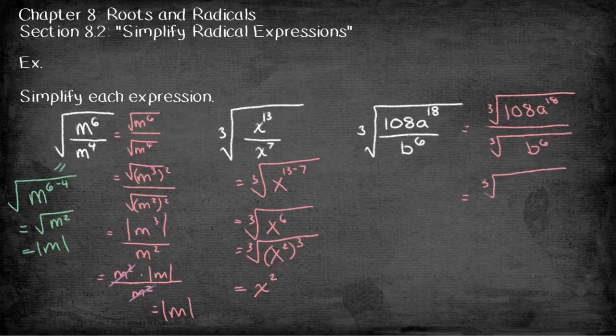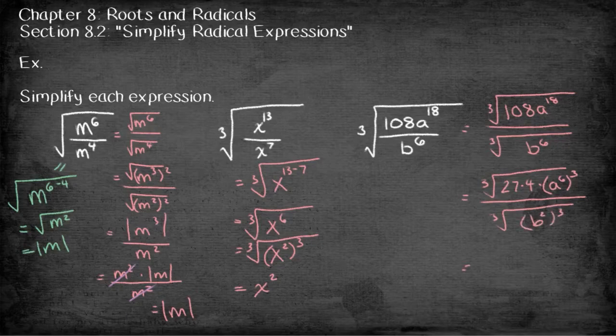All right, now I know 108 is 27 times 4. And I know a to the 18th power, it's really a to the 6th power cubed. B to the 6th power is b squared cubed.